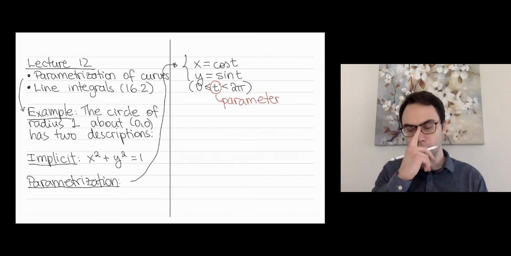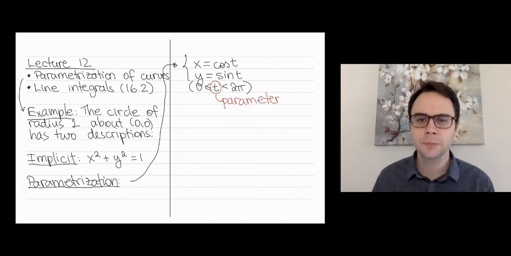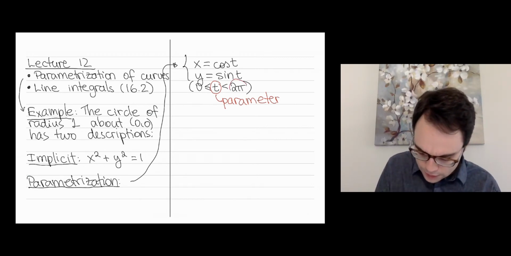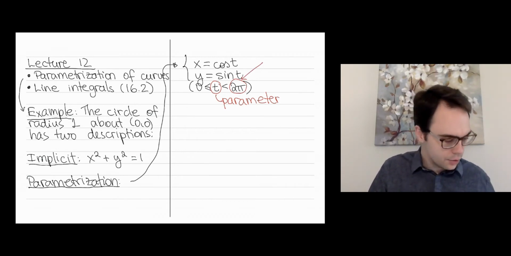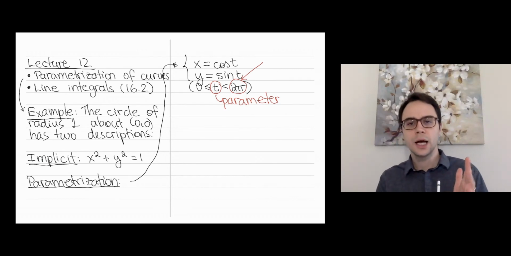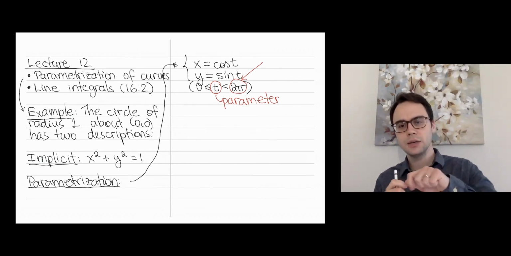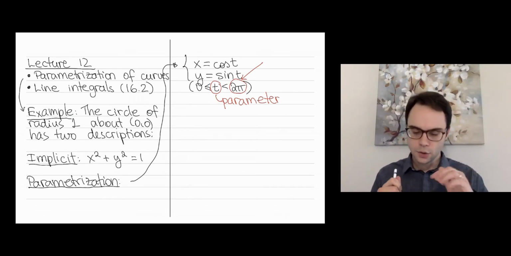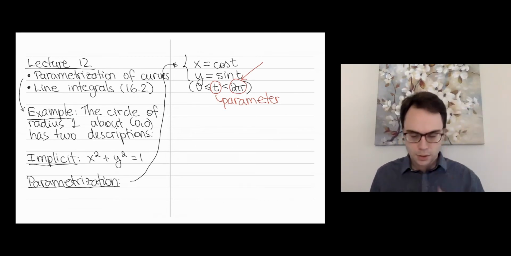That's where the parameterization takes its name from. The upper bound 2 pi is in here to ensure that as t goes from 0 to this upper bound, the point (cosine of t, sine of t) moves around as t increases and covers the circle exactly once.